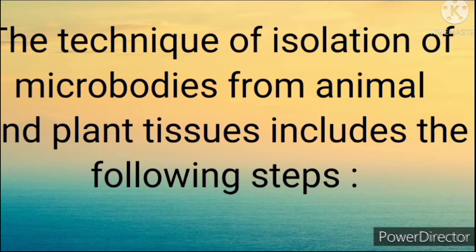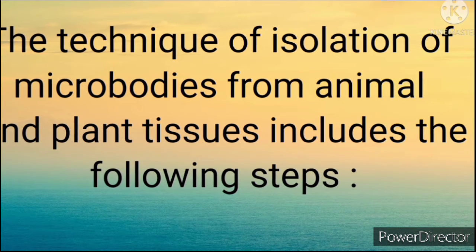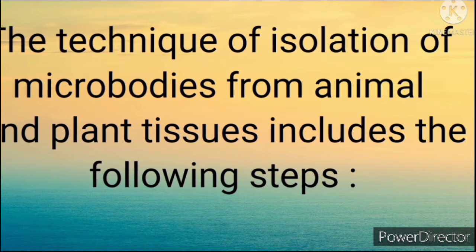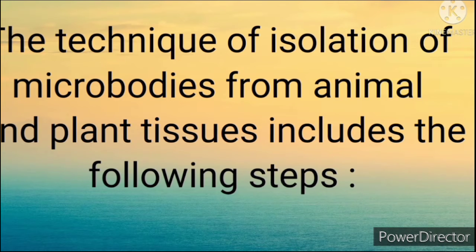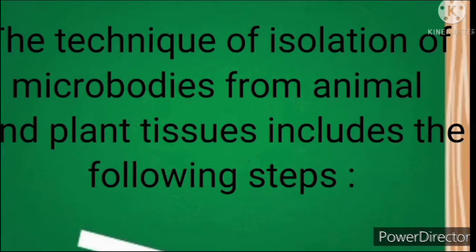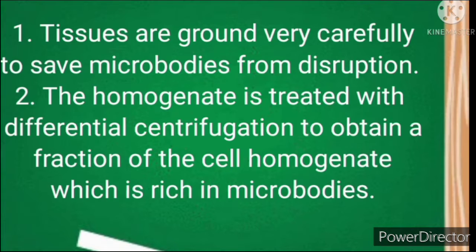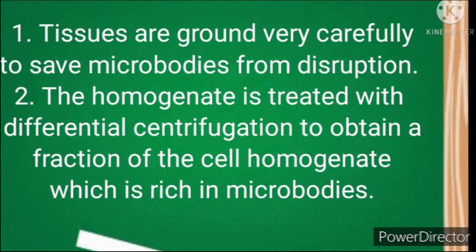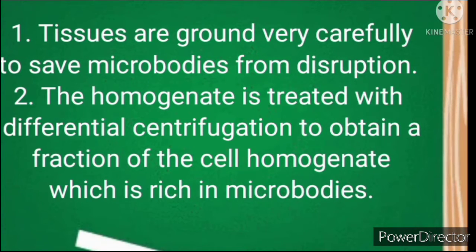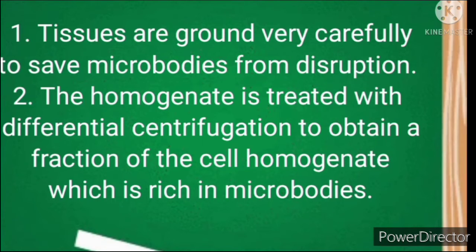The technique of isolation of microbodies from animal and plant tissues includes the following steps. First, tissues are ground very carefully to save microbodies from disruption.